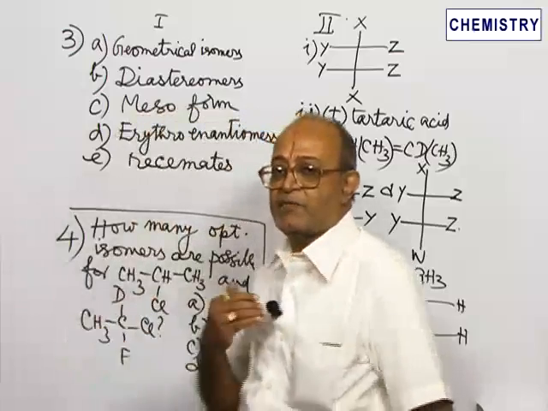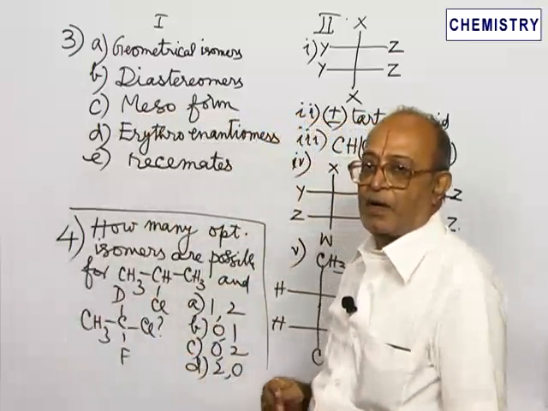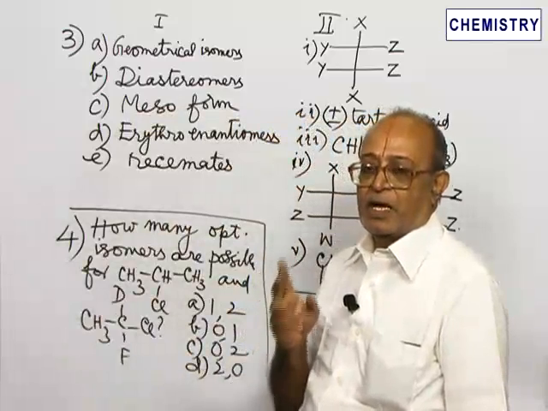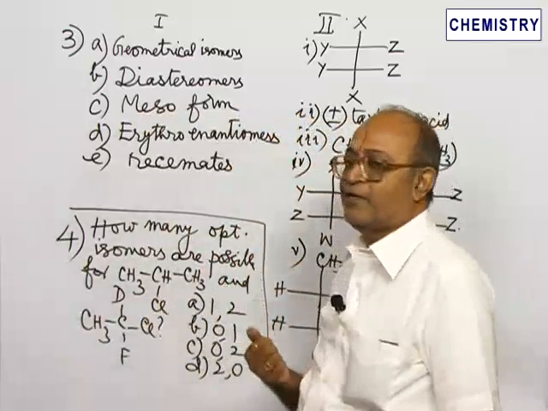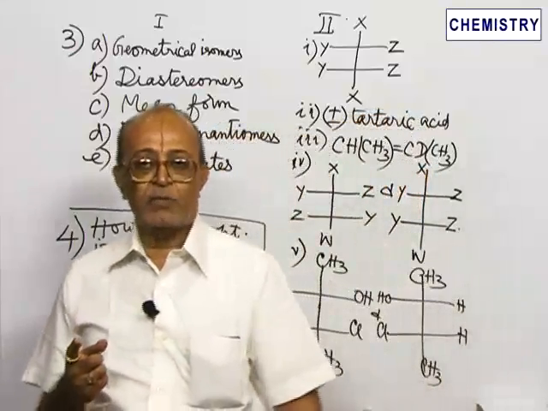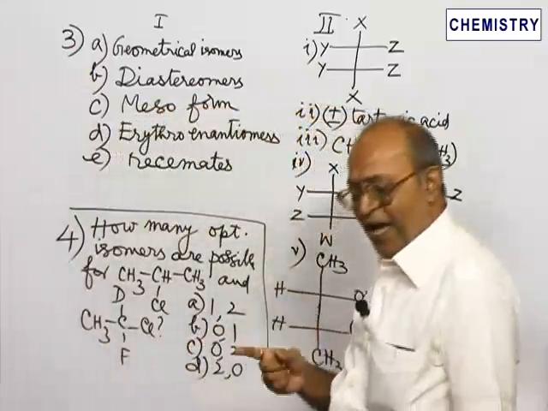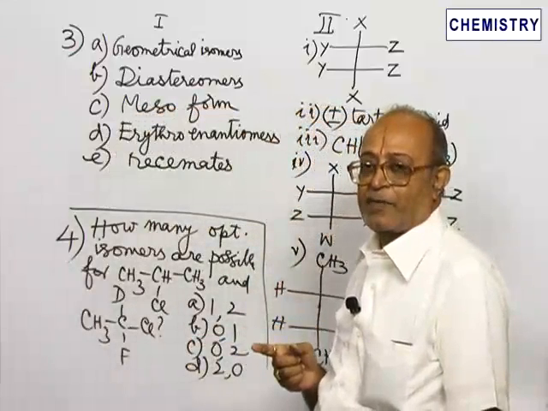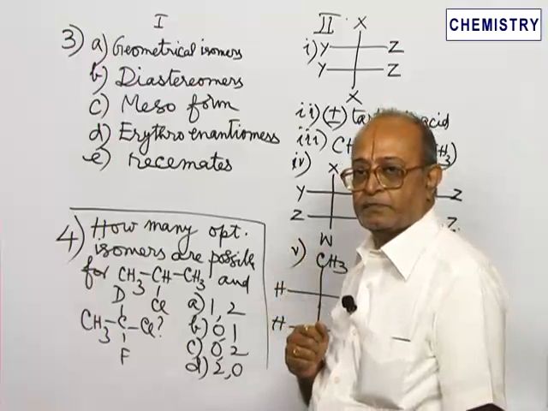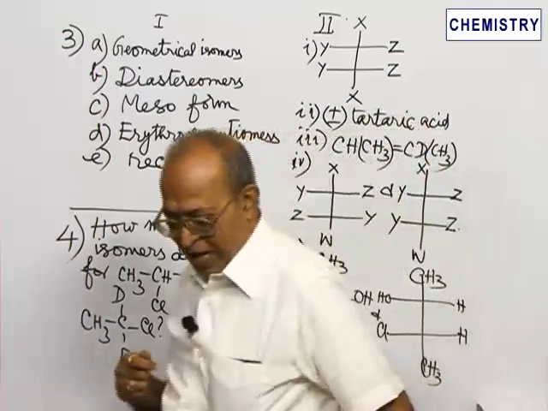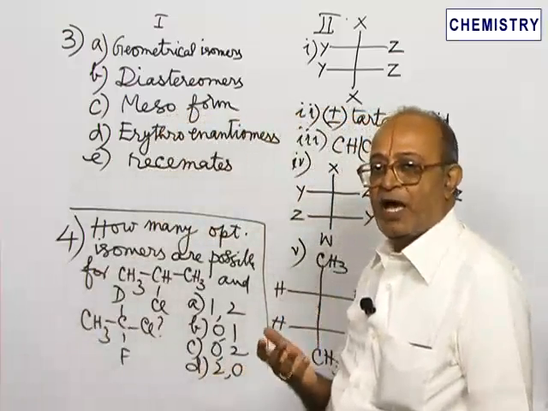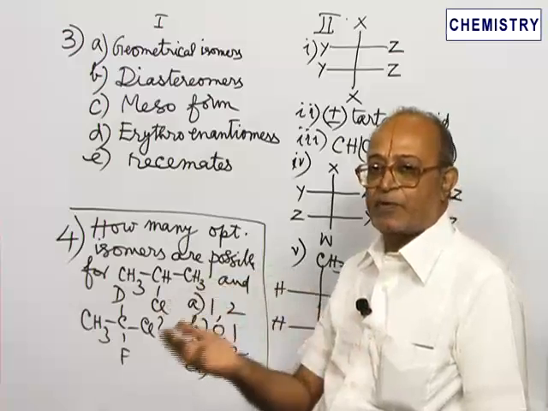If there is a mirror image relationship, there are two optical isomers possible, dextro and levo isomers. Those isomers having the mirror image relationship are known as enantiomers. But there may be two structures which may not be having the mirror image relationship.